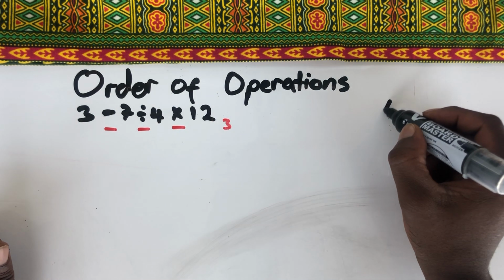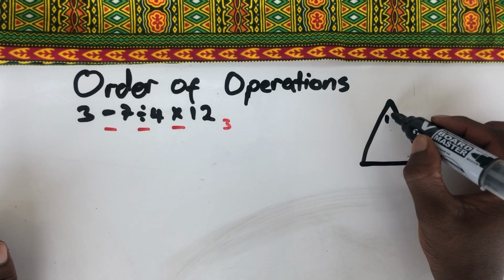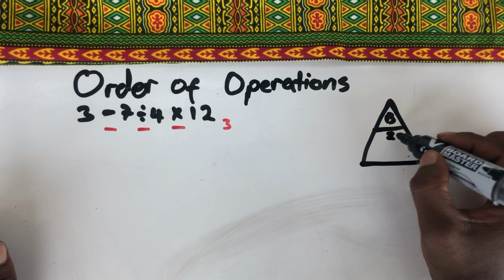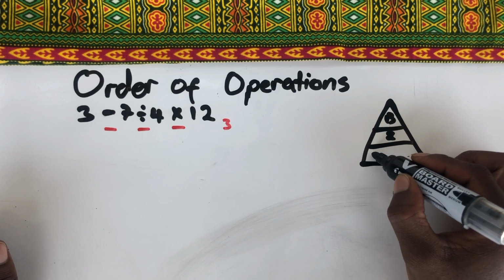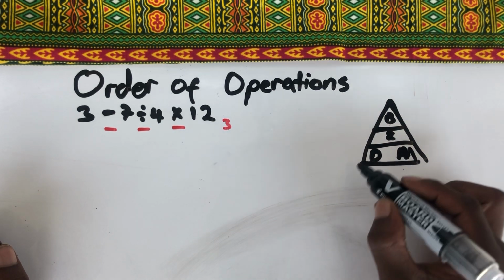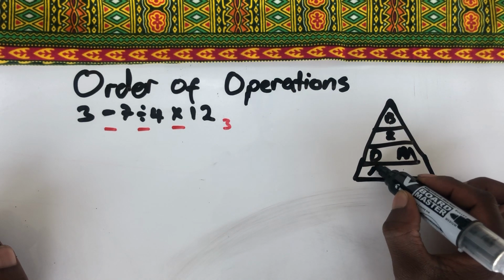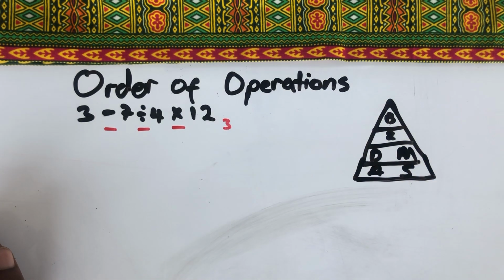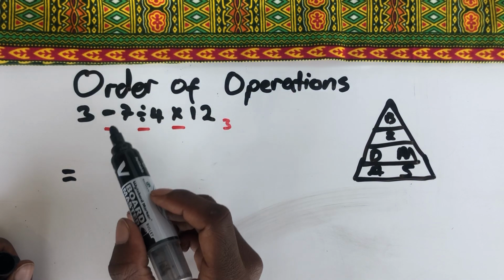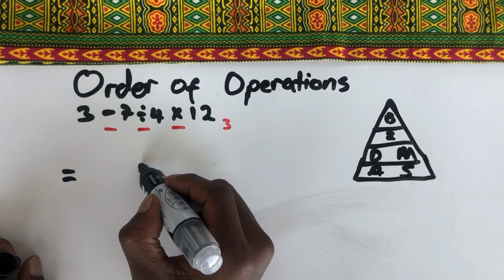Just for a reminder, I'm going to draw the triangle again. We had brackets, indices, division and multiplication, sorry. And then lastly, we had addition and subtraction. So if we look at this, we're going to say 7 divided by 4.